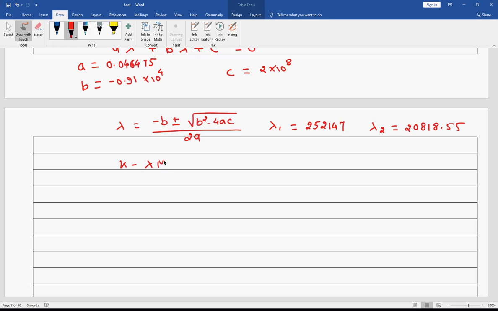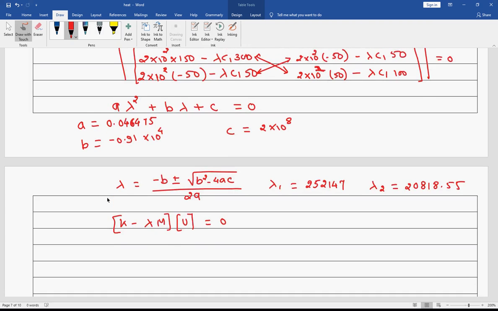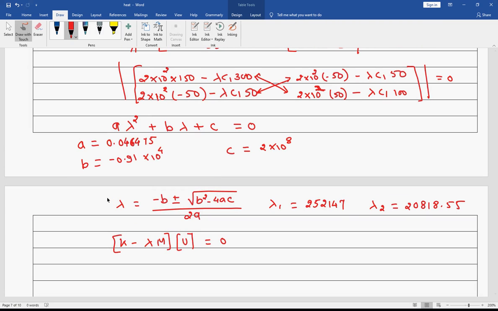So now next is k minus lambda m, multiplied by your u vector, is equal to 0. So k minus lambda m I have already calculated.